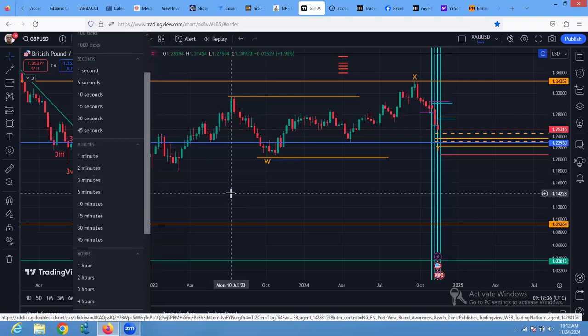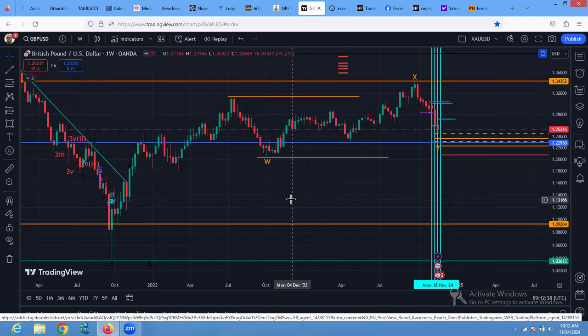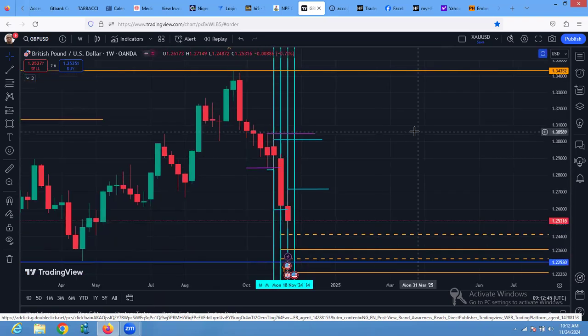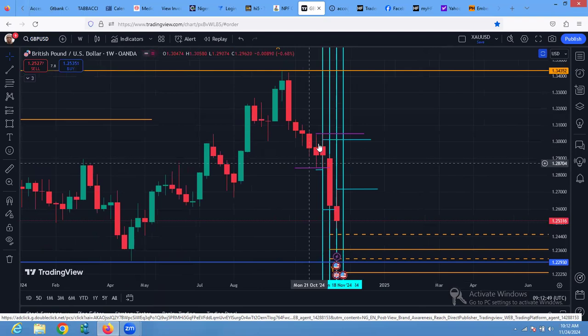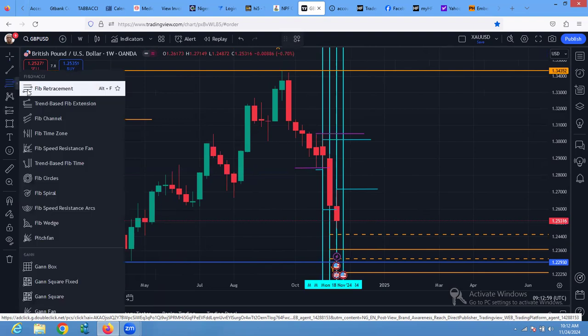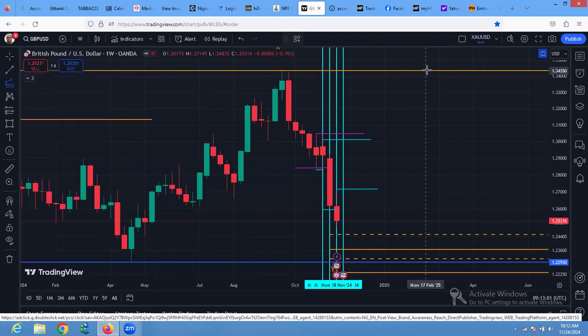What do we see? In fact, what do we see here too? If I zoom, we can see also like an A, B, and a C. Now for this A, B, and a C, the C in the purple, where does it terminate in the purple to the downside?